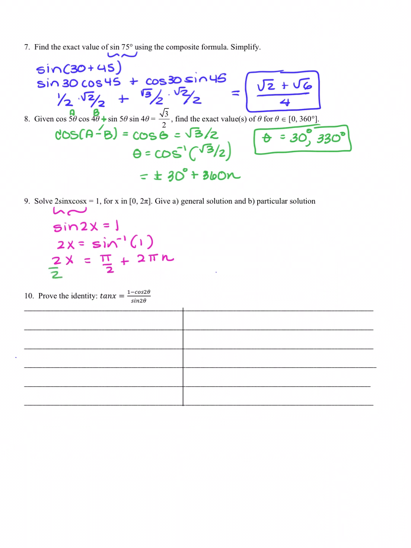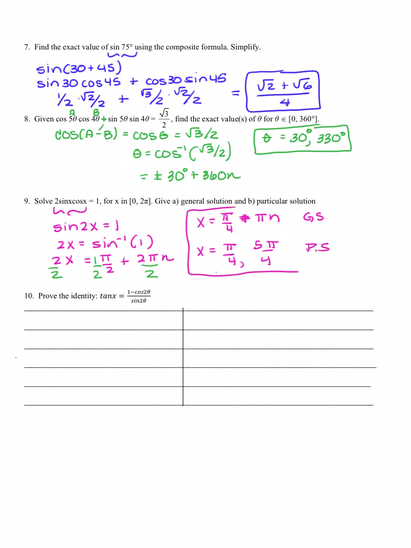So we're going to divide everyone by 2, so that my final general solution is pi over 4 plus pi n. That's the general solution. And within 0 to 2 pi, you'll have pi over 4 and 5 pi over 4. That was supposed to be a plus. That would be your particular solution. So those would work there.